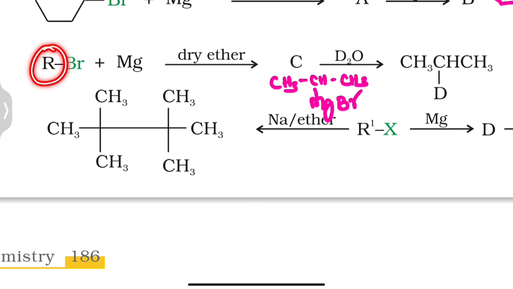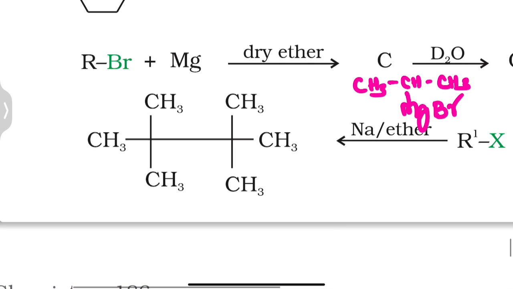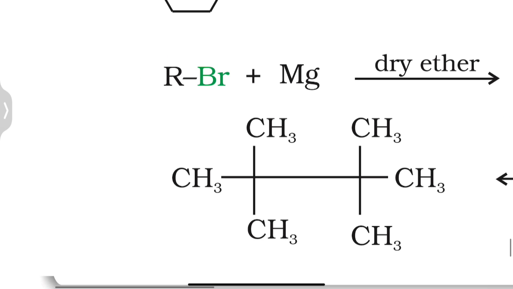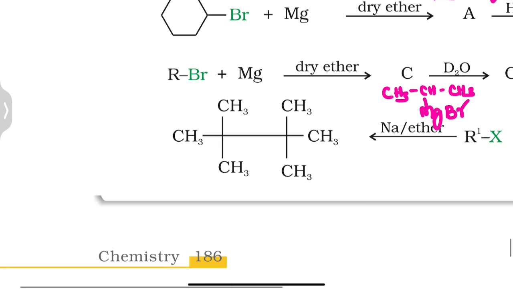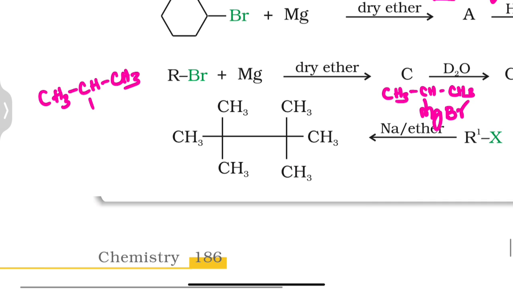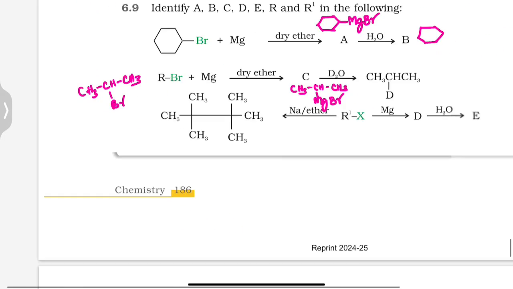So what is R then? If you remove this MgBr, see here RBr, you are treating with magnesium. You know that magnesium will form a bond between carbon and magnesium. So this you have to remove. So R will be CH3Br.